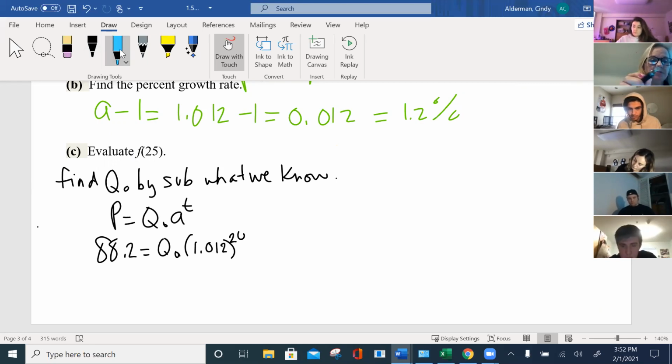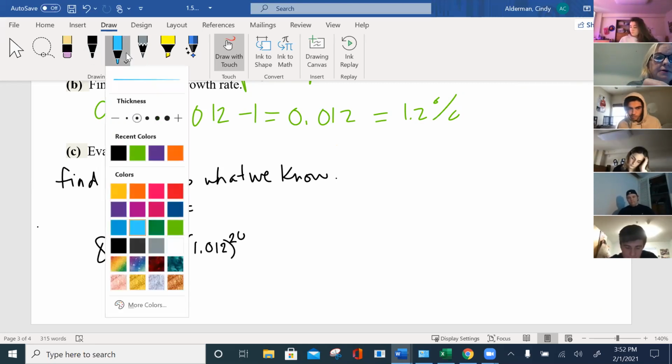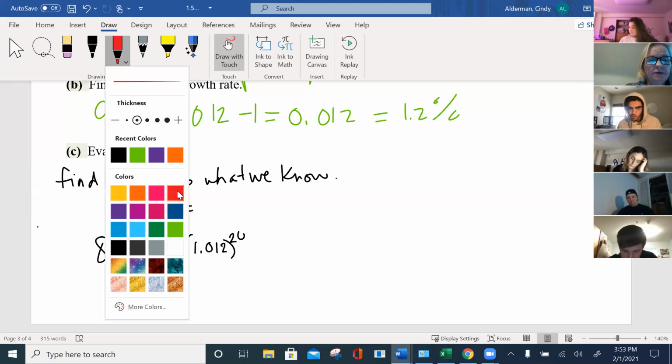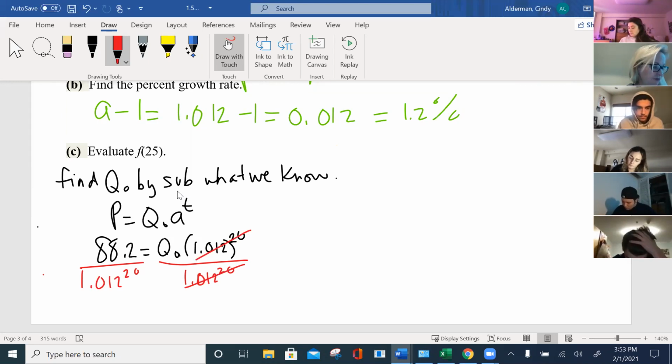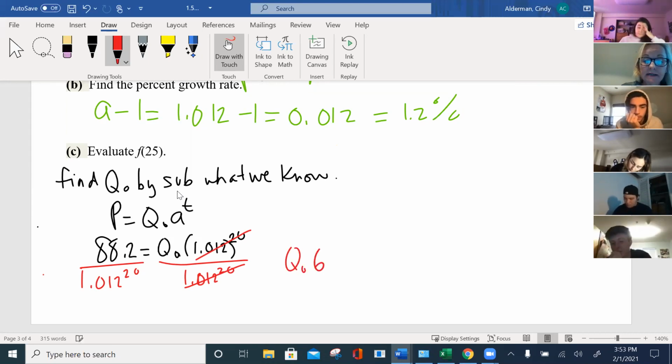Now from here, I'm just going to solve for Q sub 0. So what I can do is divide both sides by that number, 1.012 to the 20th power. It's just a number, right? Divide this side by the same thing. That will cancel out and isolate Q sub 0. So if you put this in your calculator, you get that Q sub 0, or the initial value, is 69.5.